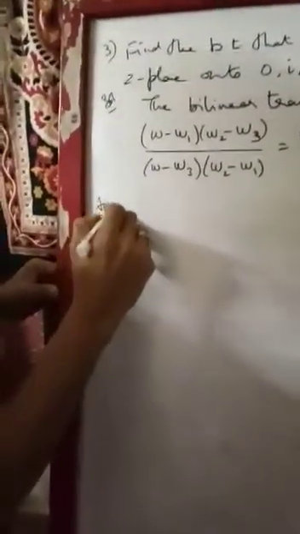Now you know that any number divided by infinity equals 0. This you know. So to get this form, since one point is given as infinity, we have to make that point in this form. Here z1 is infinity and omega 3 is infinity.